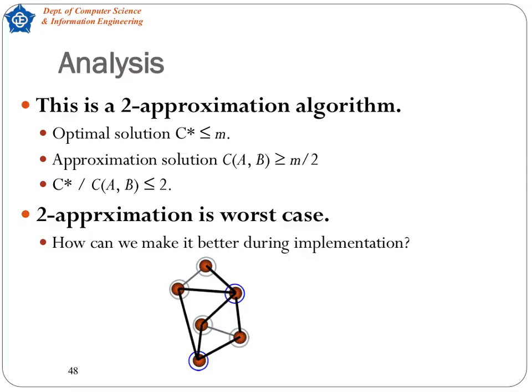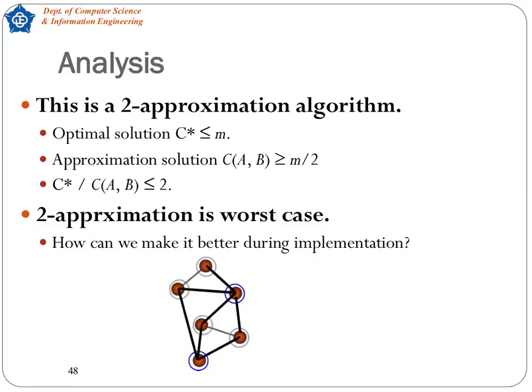When we put these together, we get a crucial ratio. C star, our optimal solution, divided by C(A, B), our approximation, will always be less than or equal to 2. This is powerful, as it tells us that our approximation solution is, at worst, only twice as bad as the absolute best possible solution. It's important to note that this two-approximation represents the worst-case scenario for our algorithm.